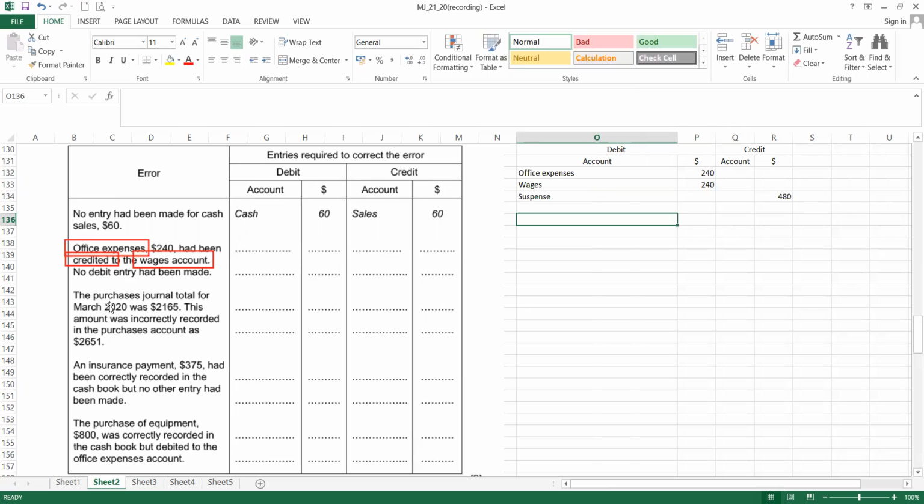Okay, next is that the purchases journal total for March was 2165. This amount was incorrectly recorded in the purchases account. So first of all, need to see whether it is over or under. It was incorrectly recorded in the purchases account as 2,600. That means purchases account overstated.